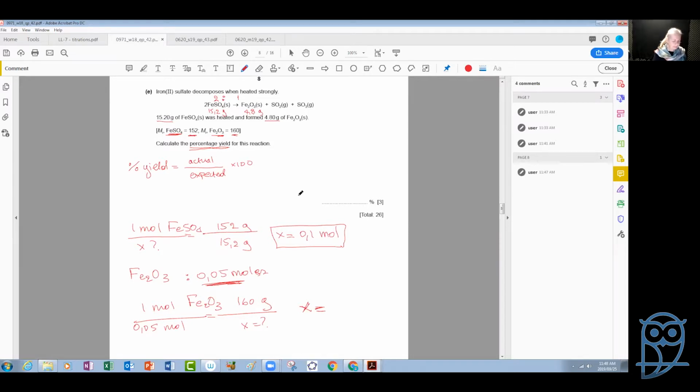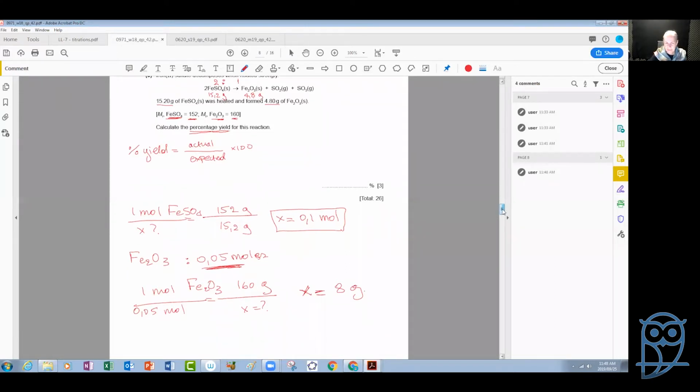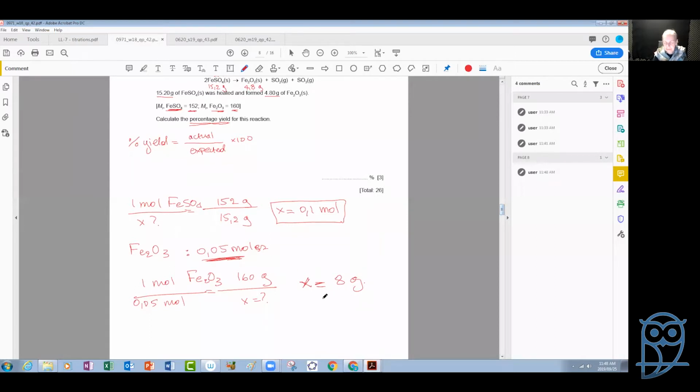Oh, I did it differently here. That's why I don't have the values. Yeah, no problem. Anyway, I find here 8 grams, and I don't know if my calculations are correct. Yes, I did it the long way.